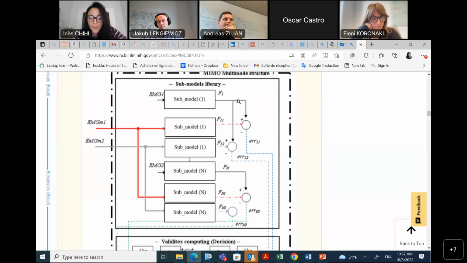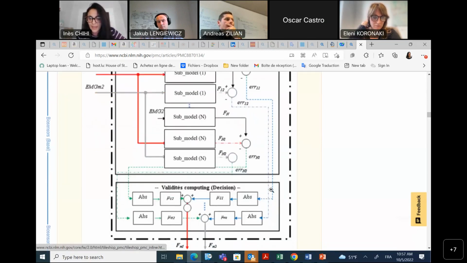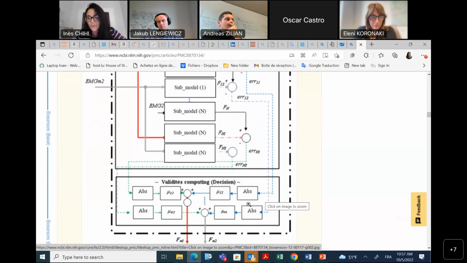Then I compare the difference between these forces to get an idea of the error. Once I know the error, I take the absolute value, and then I compute mu11, which is the inverse of the error.